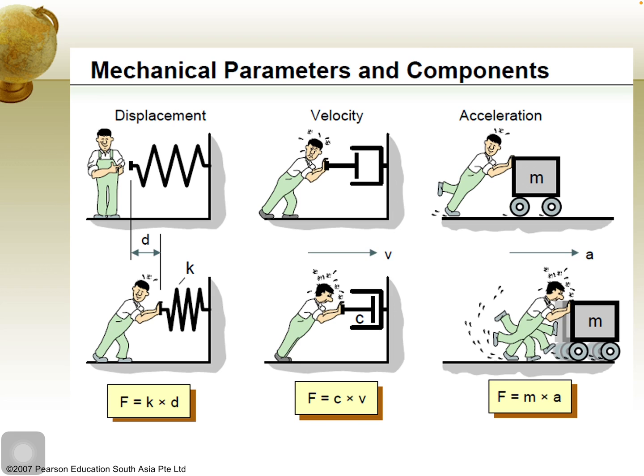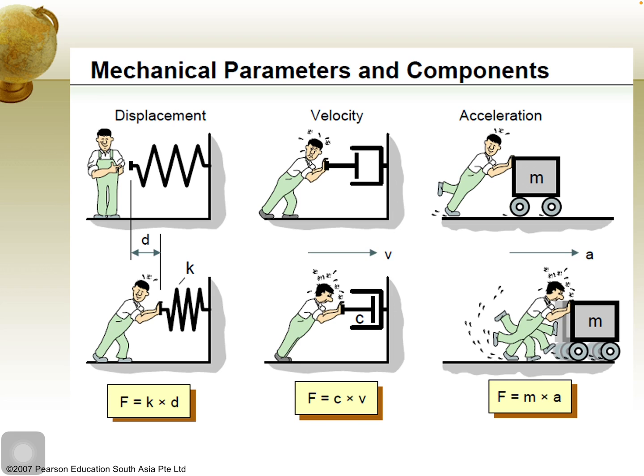Now we go to the damper. In a damper, if there is displacement inside the damper, it doesn't mean it will have force. Remember, if there is displacement in a damper, it doesn't mean it will have force unless there is velocity. If there is velocity, then there will be force.